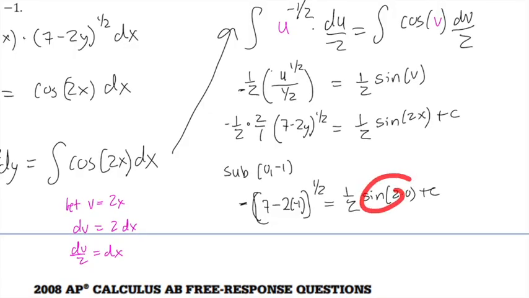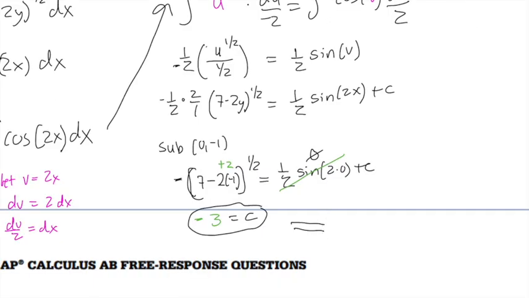So sine of 0 is 0, so this is going to cancel out. And then inside over here, this is going to be negative 2 times negative 1, which is plus 2. And then that's plus 7, so that's 9. The square root of 9 is 3, but we do have our negative outside. So our c is going to be equal to negative 3.